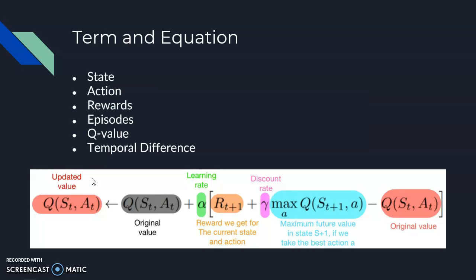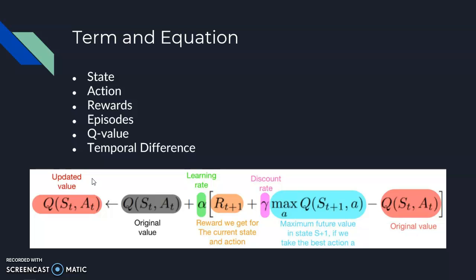Here are the terms and the equation. This is the Bellman equation. The Bellman equation is used to calculate the worth of the state and to assess how good it is to be in that state.